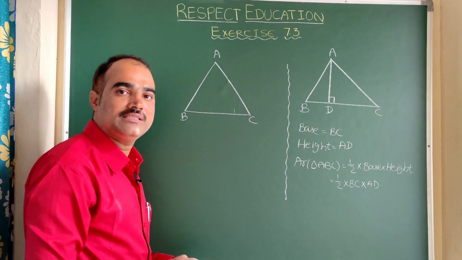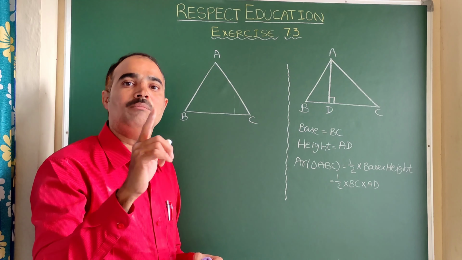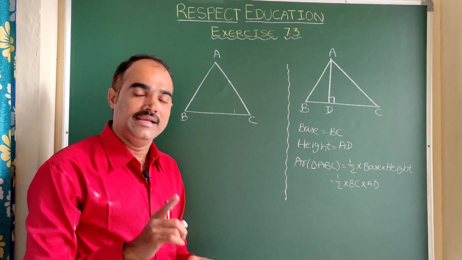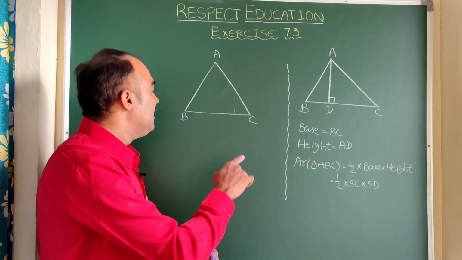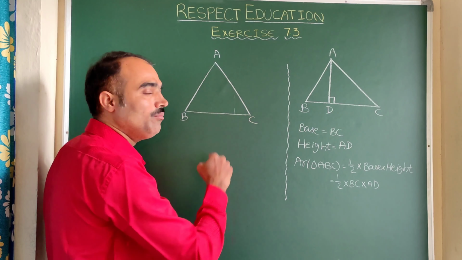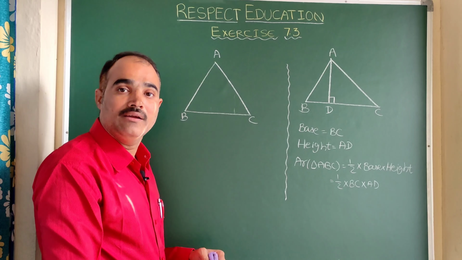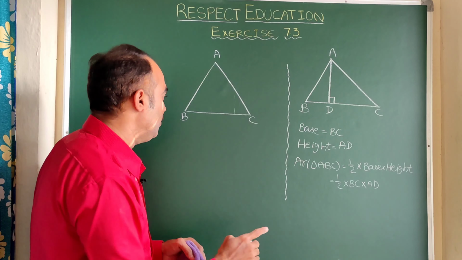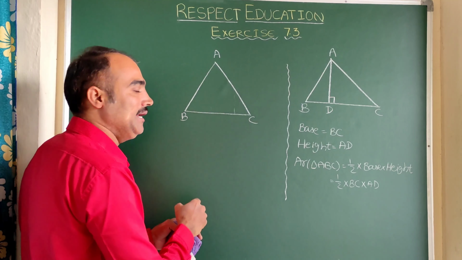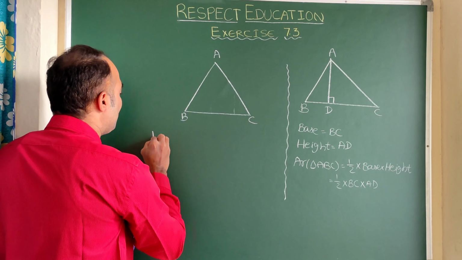Actually, there was a mathematician, in fact a Greek mathematician, his name Heron. So he has given a formula to find the area of a triangle if the sides of the triangle are known. As it is given by him, it is named after him as Heron's formula.